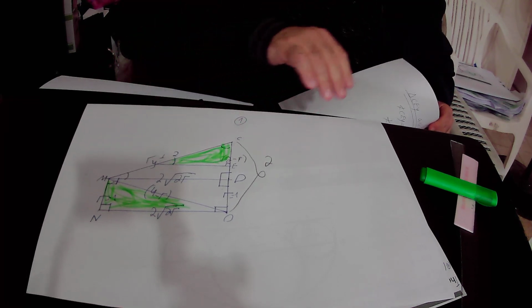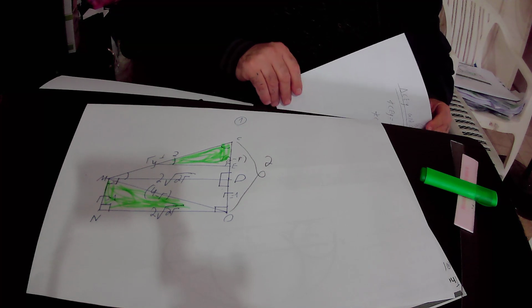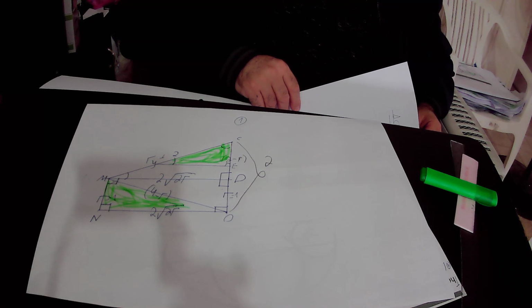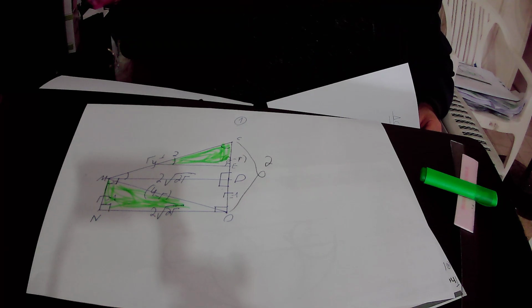What is the third angle theorem? The third angle theorem states that if you have two angles in one triangle that are congruent to two angles in another triangle, then the third pair of angles must also be congruent. Okay?